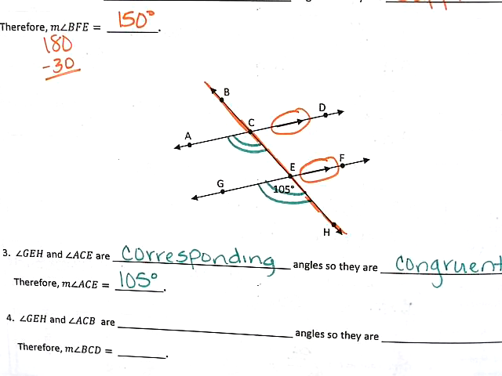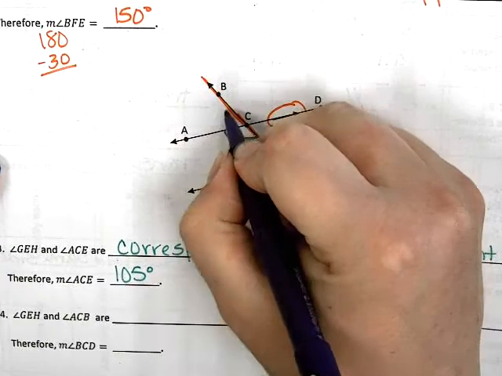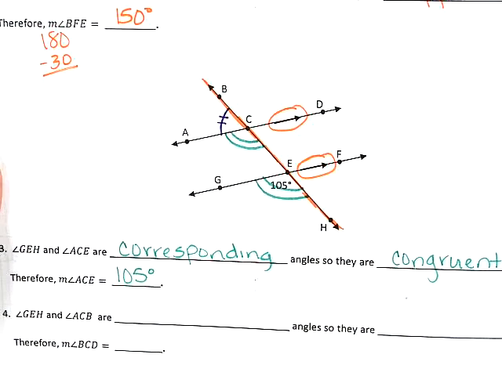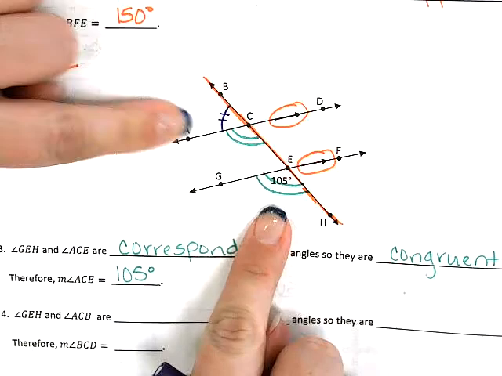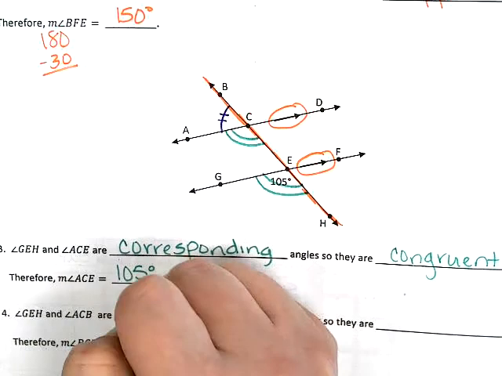Then I want to look at GEH, that first one that I was looking at, and I want to look at ACB. ACB is right here, and I'm going to put an arc mark with some ticks on it to show that it's a little different. I'm looking at these two angles here. Those are same side exterior angles.